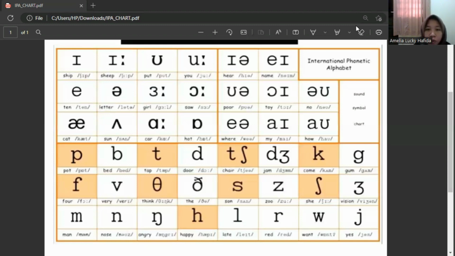Example is poor, poor, poor. Next is oi. For example, toy, toy, toy. Next is oh. For example, no, no, no.